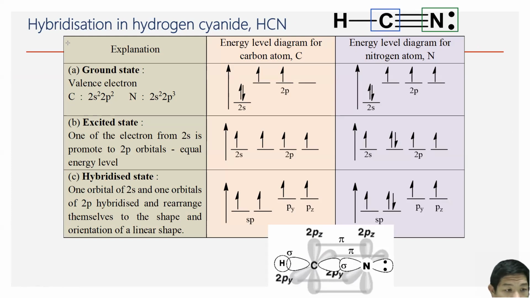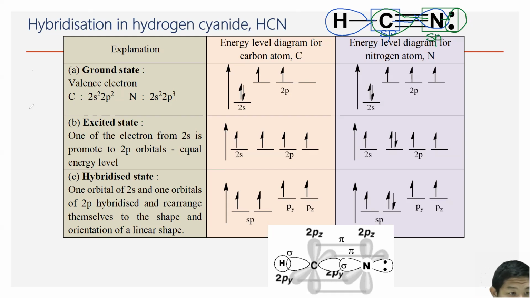If you look carefully from the angle of the carbon, this carbon is surrounded by two atoms, so therefore this carbon takes sp hybridization. Whereas this nitrogen is similarly surrounded by two atoms, one by the carbon and one by the lone pair electron. So this nitrogen will also take sp hybridization.